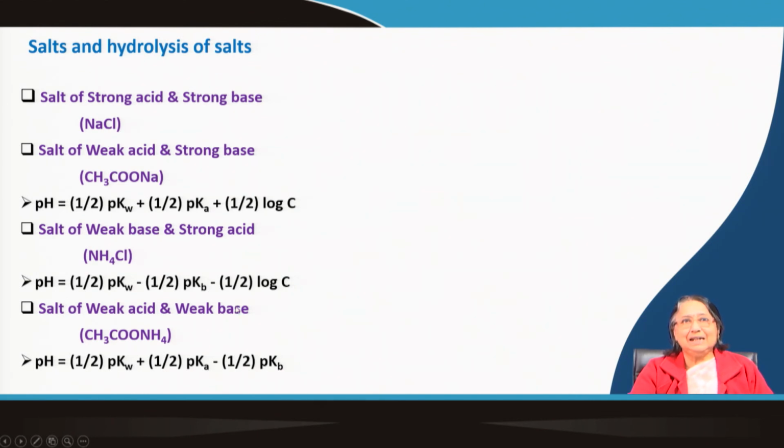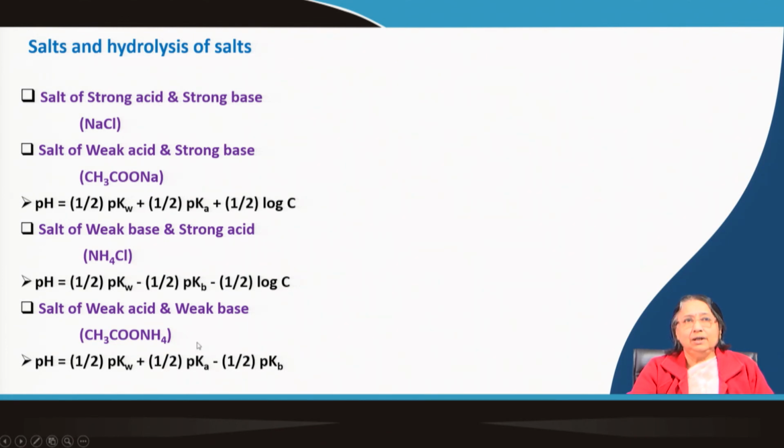And for a salt of a weak acid and a weak base, one example is ammonium acetate, pH is half pKw plus half pKa minus half pKb. Here both the acid and the base are weak, so both the terms pKa and pKb are coming.